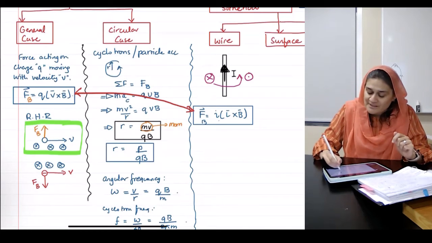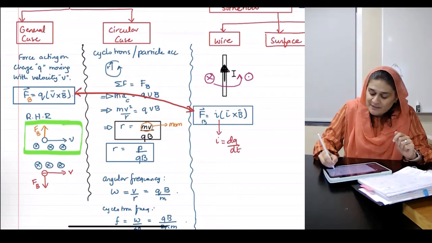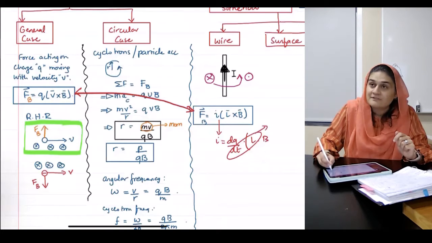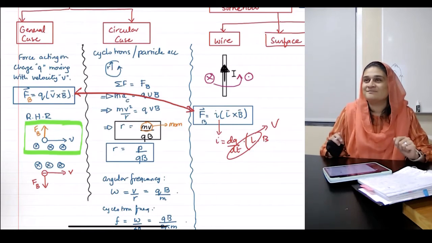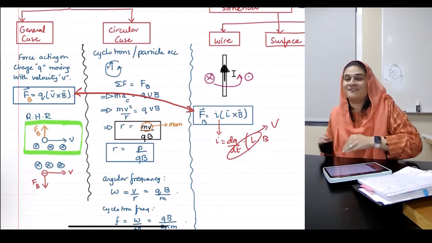And think about it. What is this I? It's just dq over dt, right? Times L times B. So if I move this together, what is that? Nothing other than v. Do you see it? Magic. So it's not a new formula you have to learn.